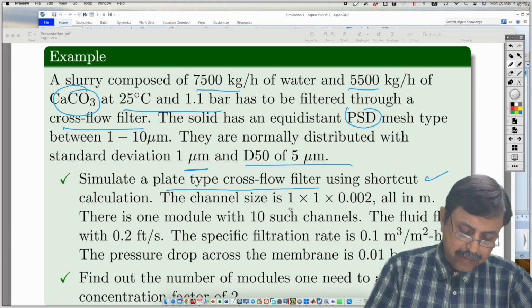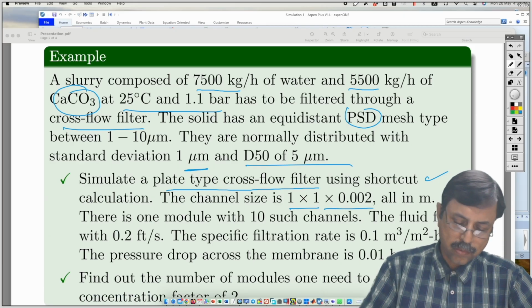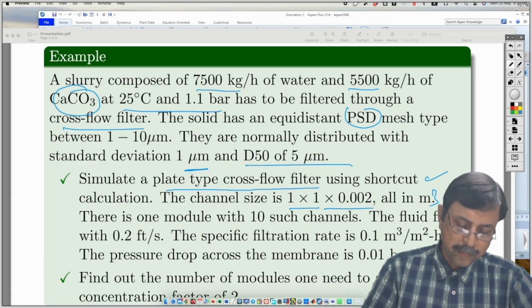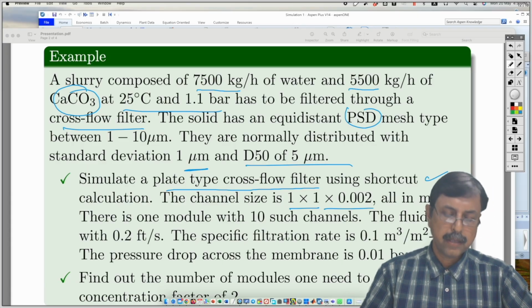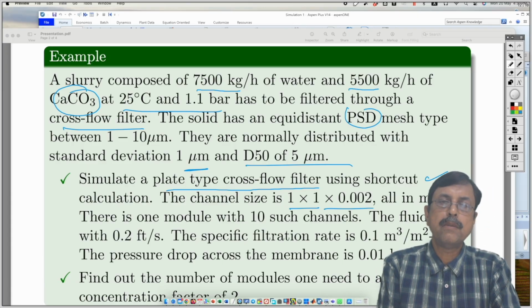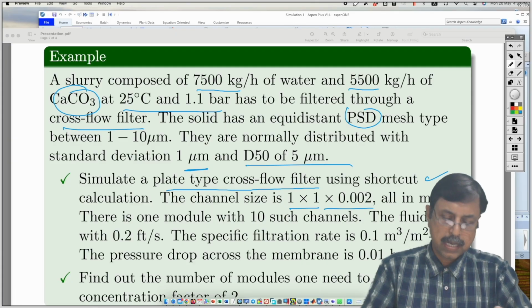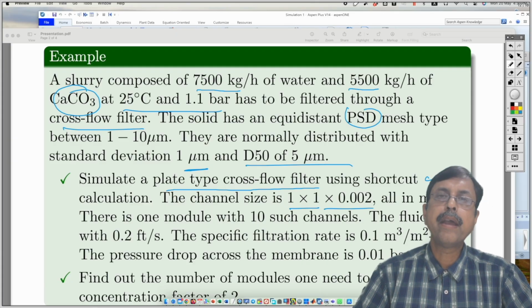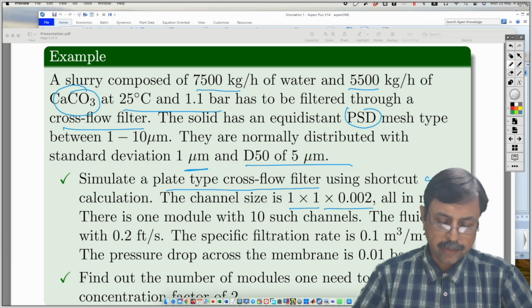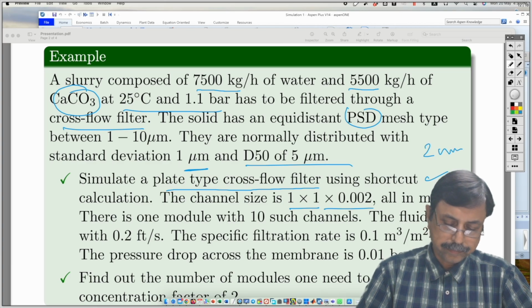The channel size is given as 1 cross 1 cross 0.002, all in meter. That means it is a plate, so the plate size is 1 by 1, and the height is 0.002 meter. So it is 2 millimeter.